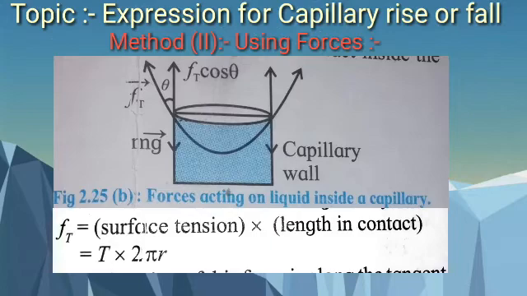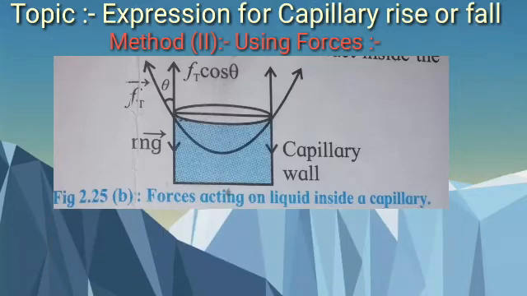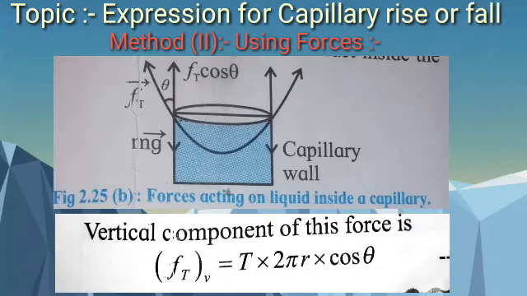This force acts along the tangent to the liquid surface and is inclined at an angle theta with the wall of the capillary tube and directed inwards. Thus, the direction of force is along the tangent as shown in the figure.